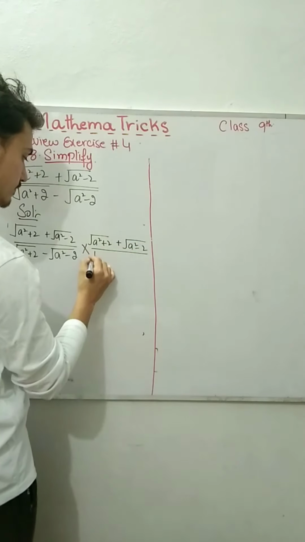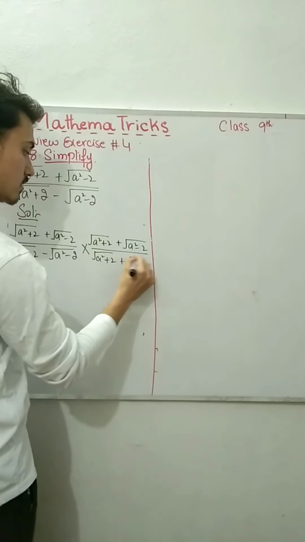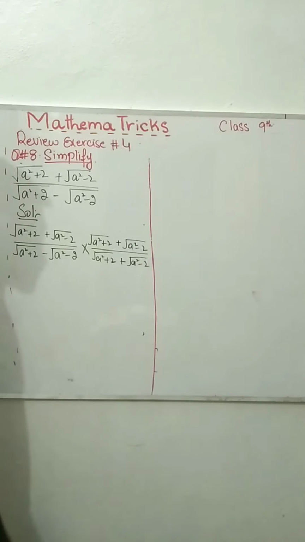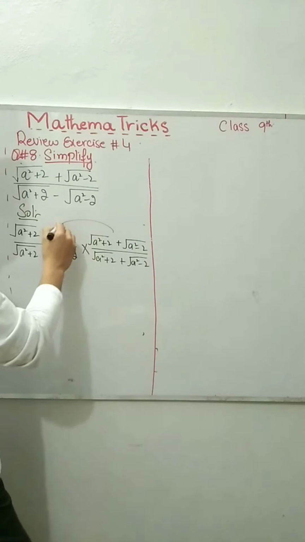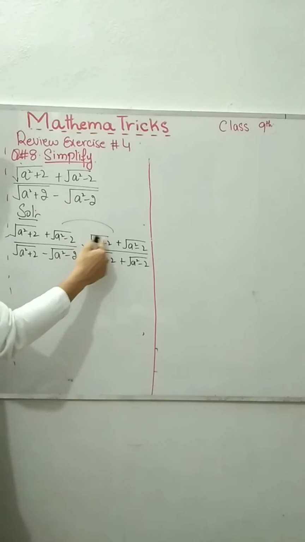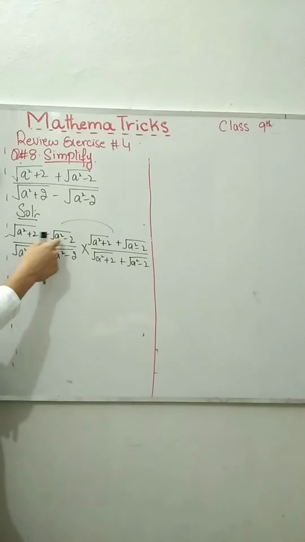Similarly, square root of a square plus 2 and square root of a square minus 2. Let's multiply numerator with numerator and denominator with denominator. So suppose this whole term is your a and this is your b. This is your a, this is your b. You have same terms, a plus b, a plus b.